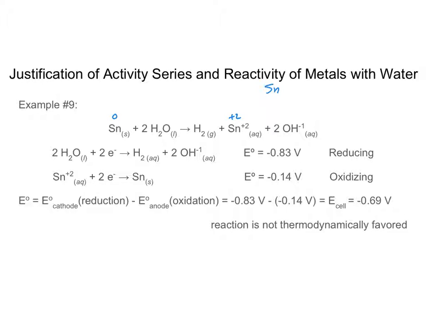So tin lost electrons, so it oxidizes, and hydrogen again, +1 to 0, reduces. I grabbed these values directly out of the textbook, and I identified that tin oxidized, and that the hydrogen reduced. I grabbed the cell potential for water to be negative 0.83, and for the tin to be negative 0.14.